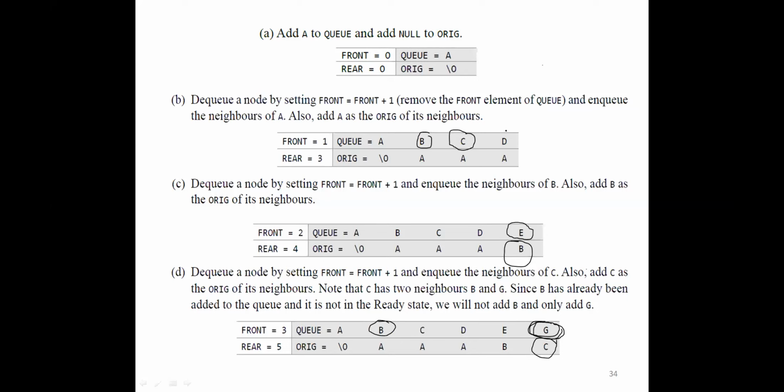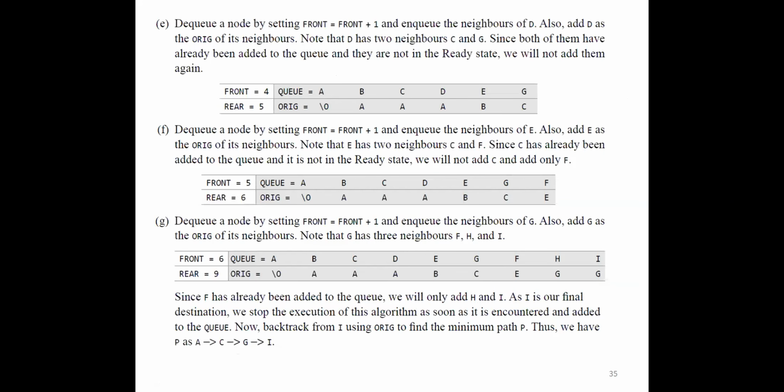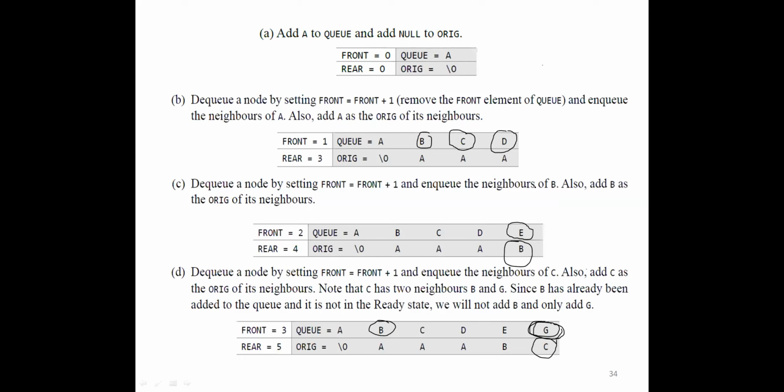Then next, what will I do? I'll take the third adjacent node, D, and start exploring the adjacent nodes of D. So like that, I'll keep on writing. When I am writing D, I come to know that F is there. Okay, F is added into the queue.